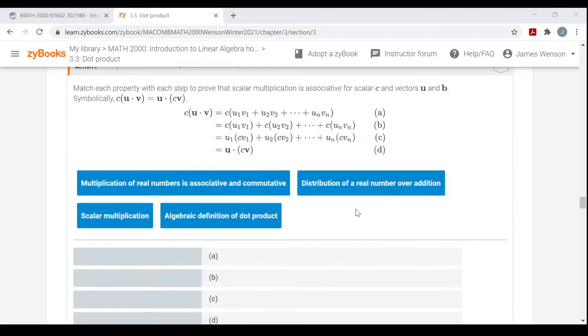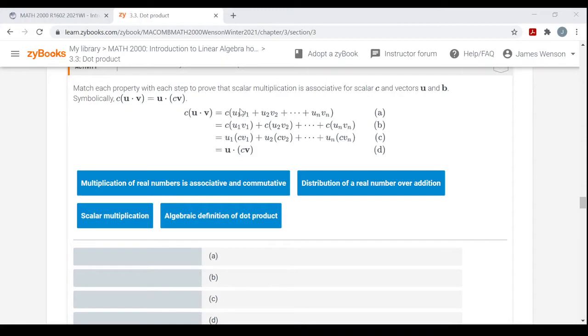All right. Now this is just fill in the blanks, what properties are being used. So for instance, if I want to show that c, some scalar c times the dot product of u and v is equivalent to u dot, c times v. Notice the first line here is c times u dot v is, c times, and then this quantity u1 v1 plus u2 v2 plus blah blah blah.